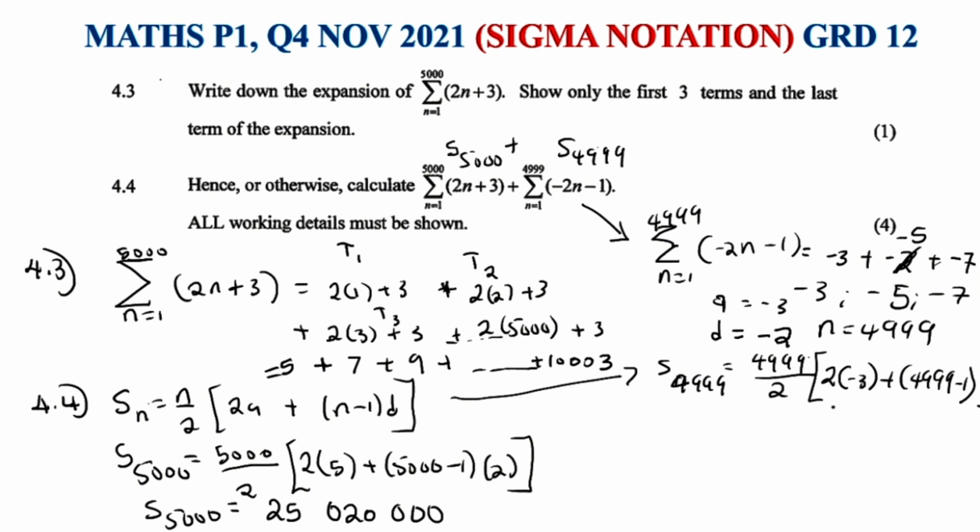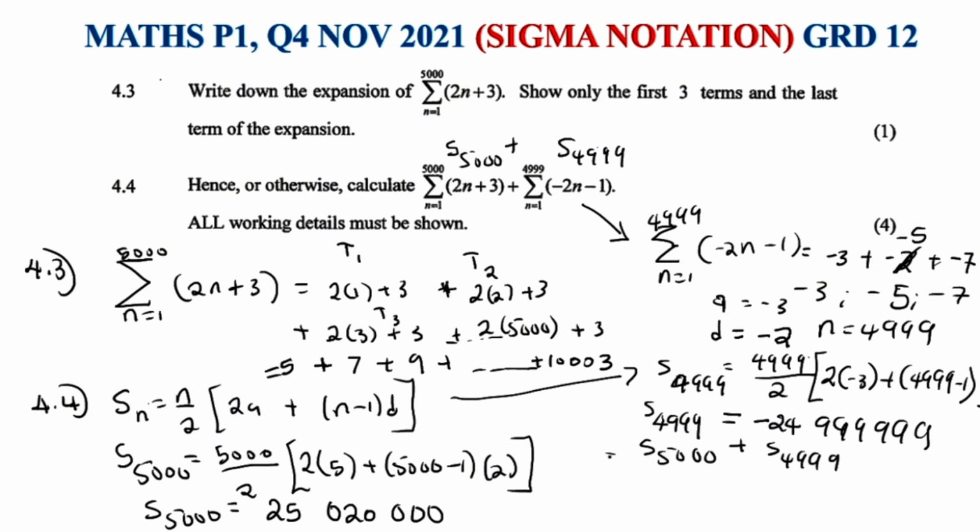Therefore, you have a square bracket there. Let's punch this in our calculator and see how much we're going to get. It's giving me minus 24,999.